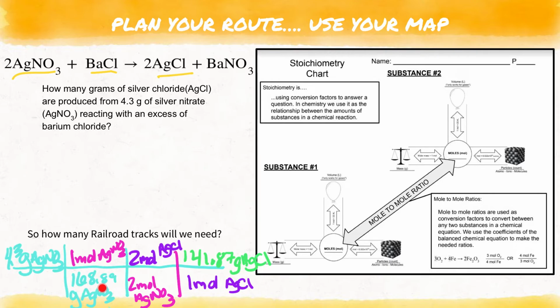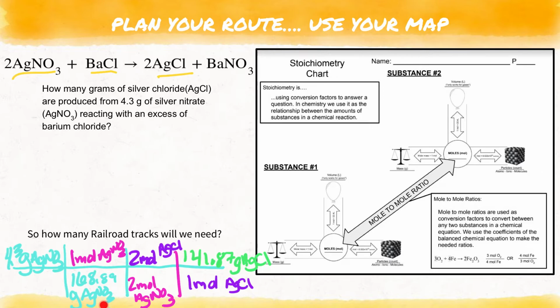So 1 mole over 168.89 grams of silver nitrate, because we need to get into moles. In order to go from moles to moles, or from one substance in a chemical equation to another substance in a chemical equation, you need to have it in moles. So we can't go directly from grams to grams. We have to go through moles.